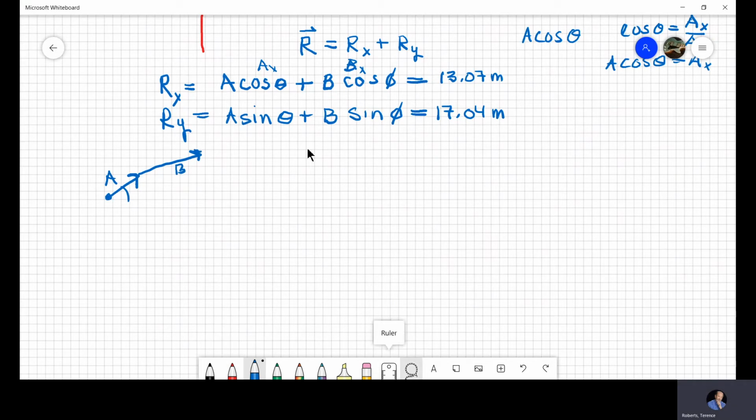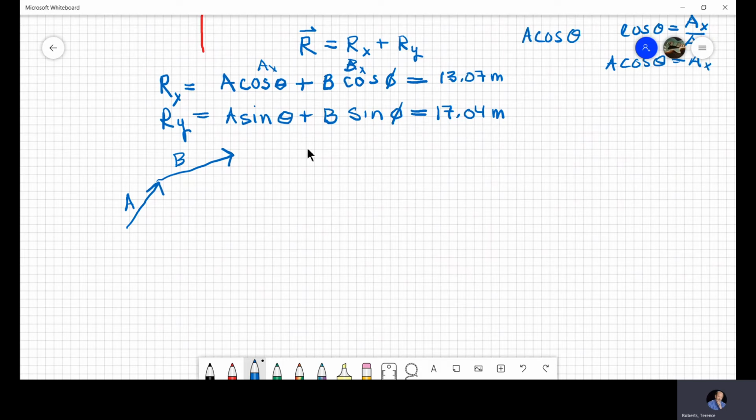Let me just draw that out so we can see it a little bit better. So we have one vector like this and one vector like this. We'll say this is our A, and this is our B vector. So we add them head to tail.